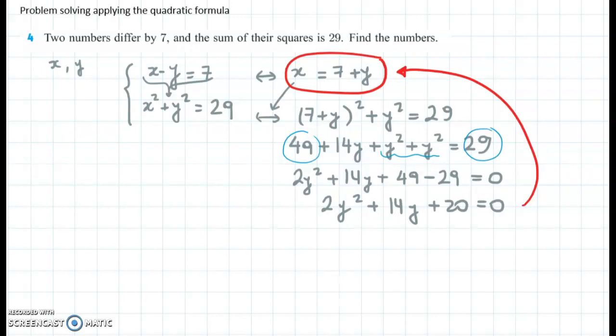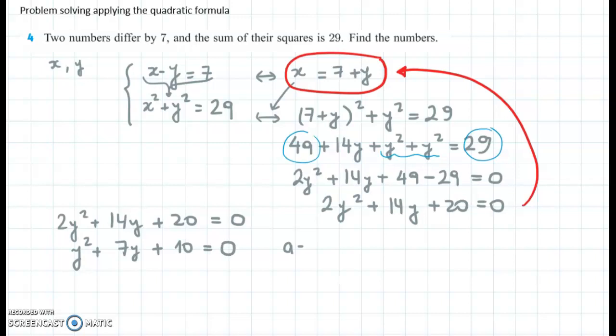Let me write it over here again. 2y squared plus 14y plus 20 is equal to 0. Before solving it, if I want to work with smaller numbers, I could divide everything by 2, and then I will get an equivalent equation that says that y squared plus 7y plus 10 is equal to 0.